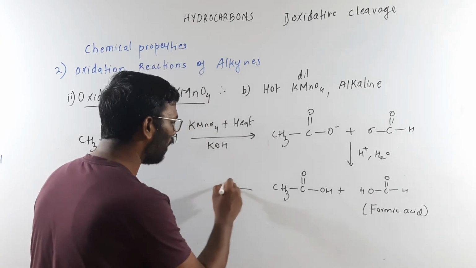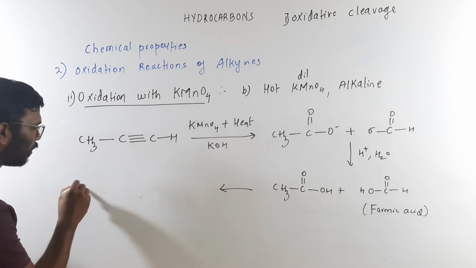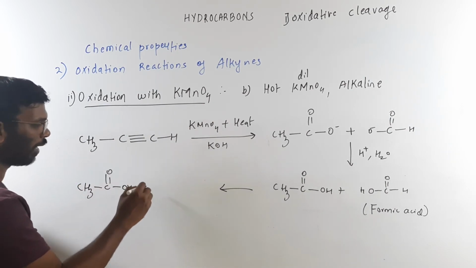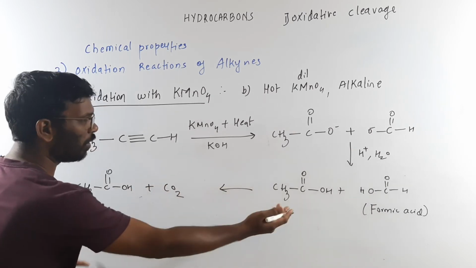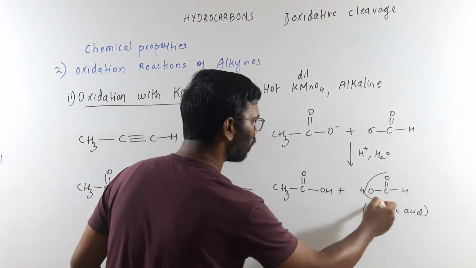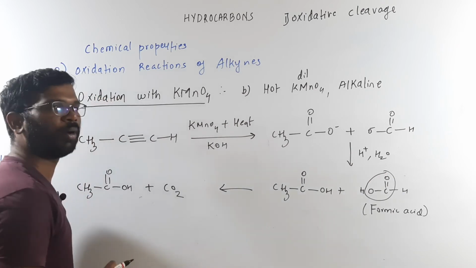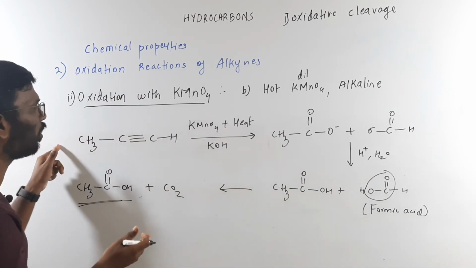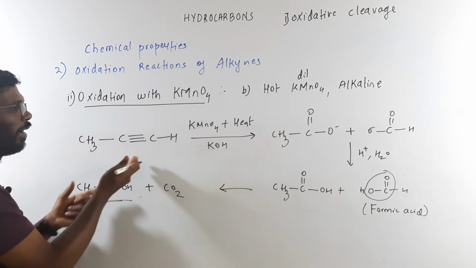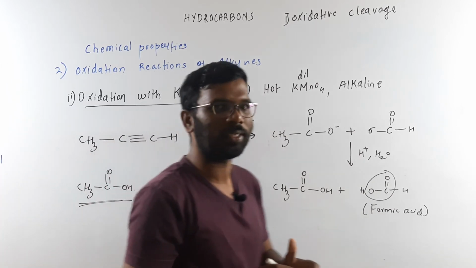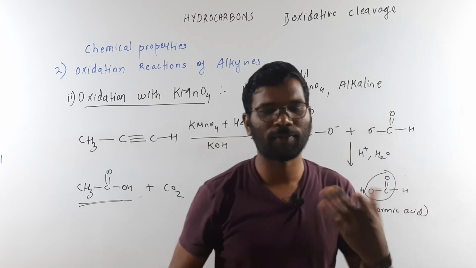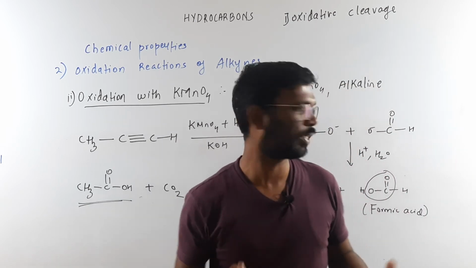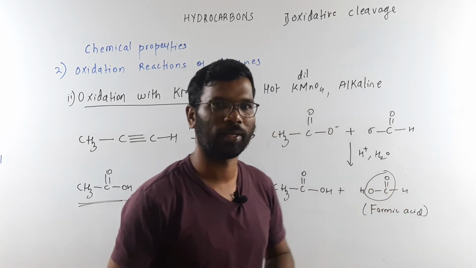So in my final product, what will be present is acetic acid, CH3COOH, and carbon dioxide. This is how you get the products from terminal alkynes. The formic acid gets further oxidized to carbon dioxide, with removal of the hydrogens.